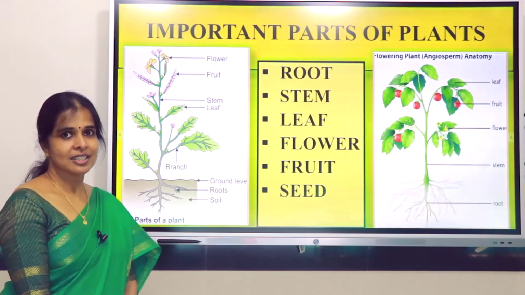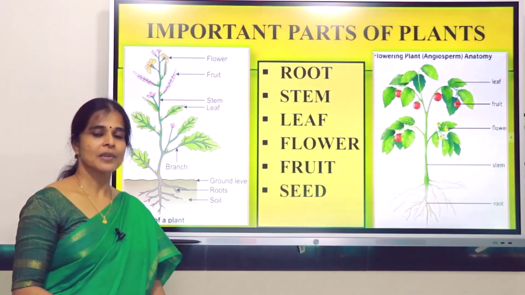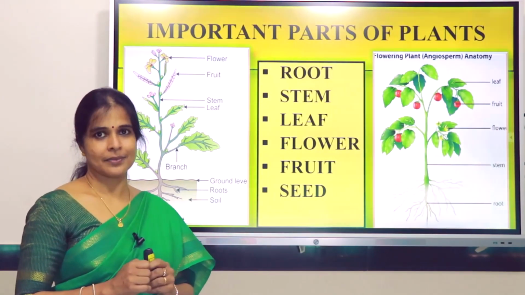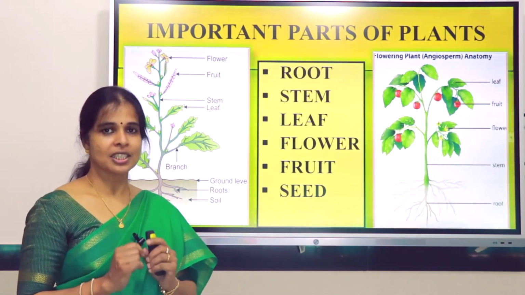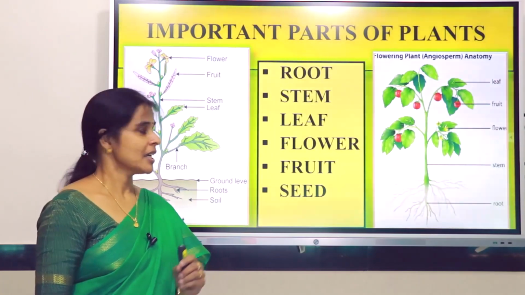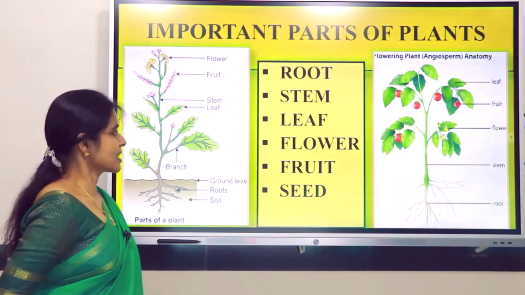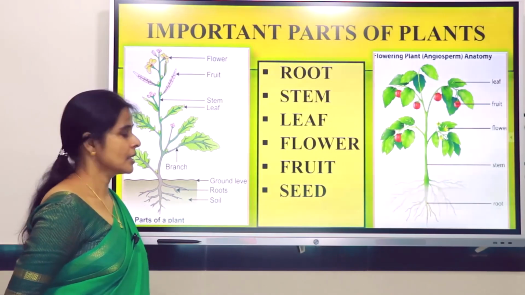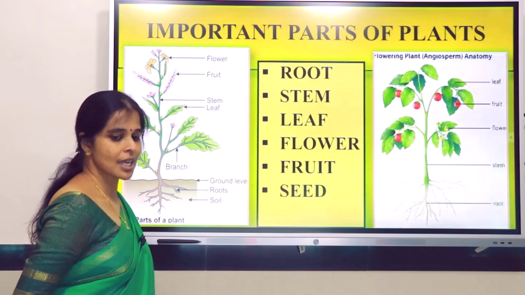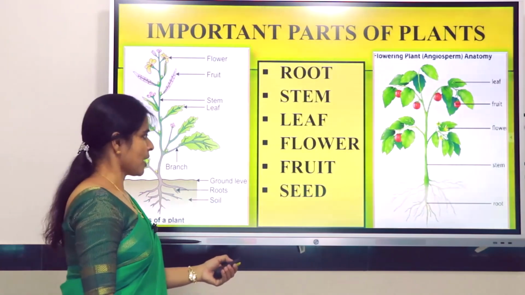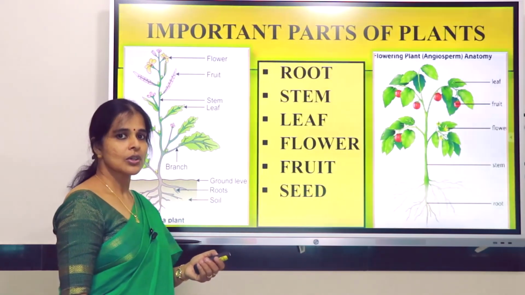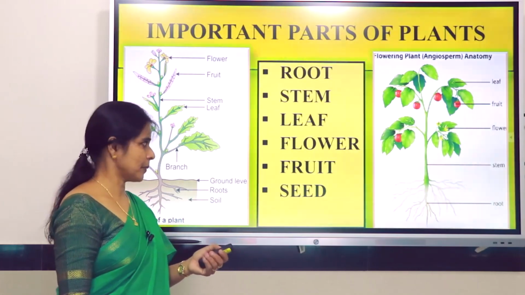You must have learnt the parts of a plant from lower classes onwards. So, what are the important parts of a plant? The important parts of a plant are root, stem, leaf, flower, fruit and seed. Each part we have to study in detail.